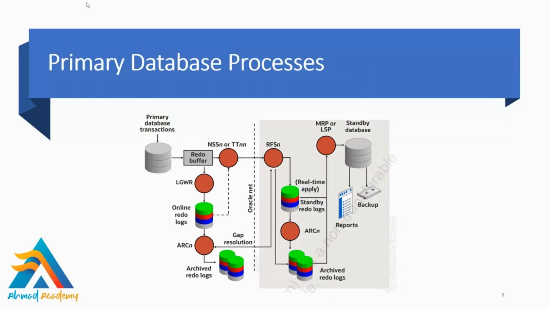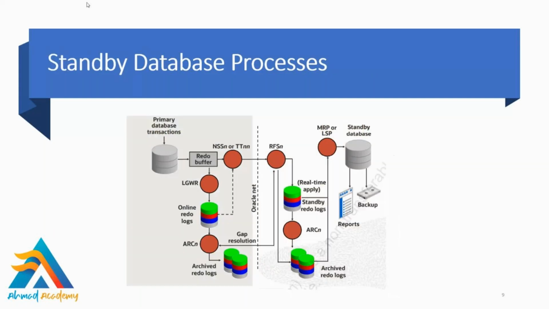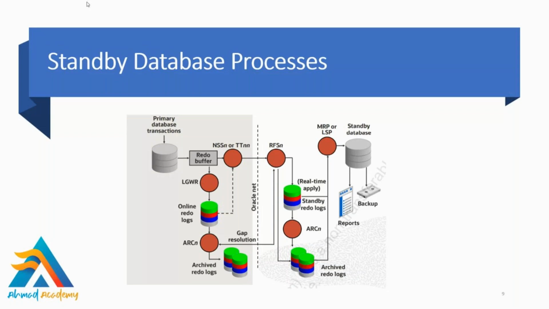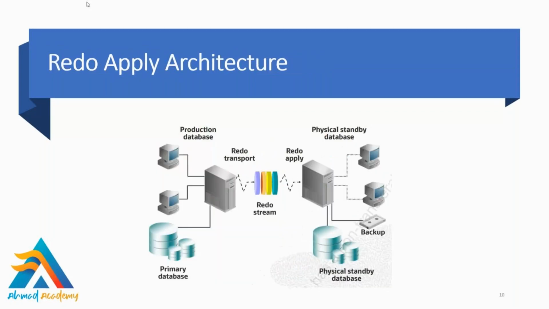And again, this is the primary database process architecture. And if you go to the standby database architecture, the RFS and MRP or LSP processes are involved. And for redo apply architecture in physical standby, you can see in the diagram redo is transferred, and after that it is applied on the standby database.